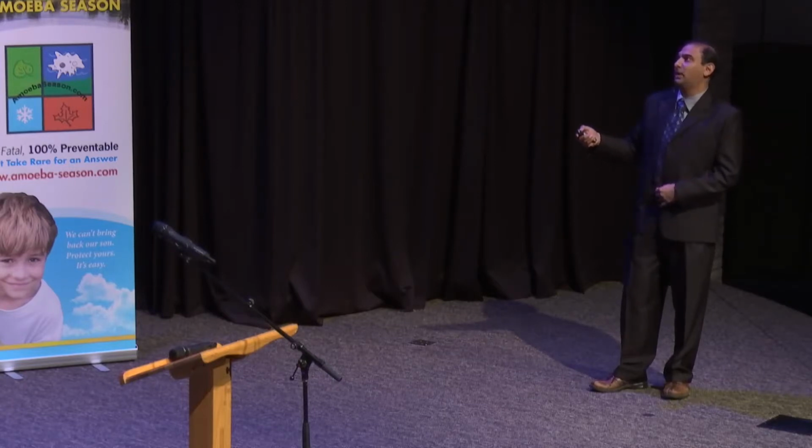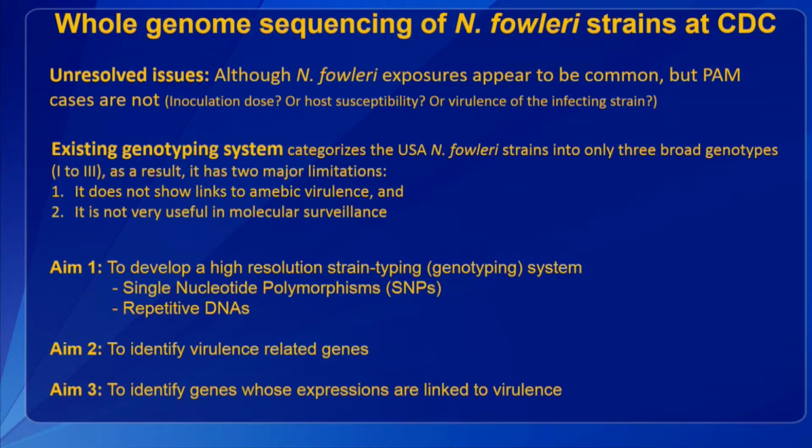But the existing genotyping system categorizes all the US Naegleria fowleri into only 3 broad genotypes. As a result, it does not show any links to amoebic virulence, and it's not very useful in molecular surveillance.